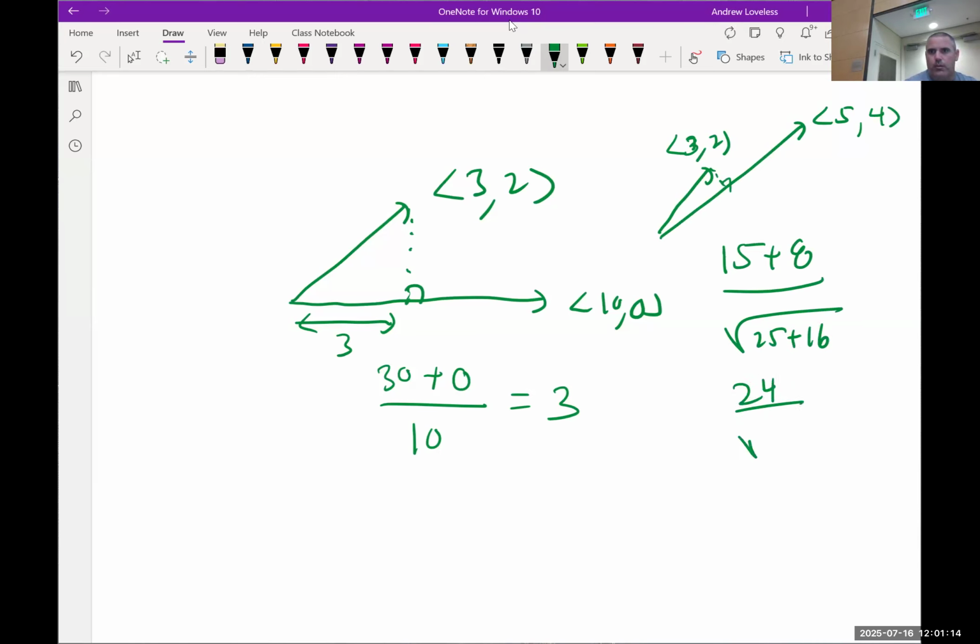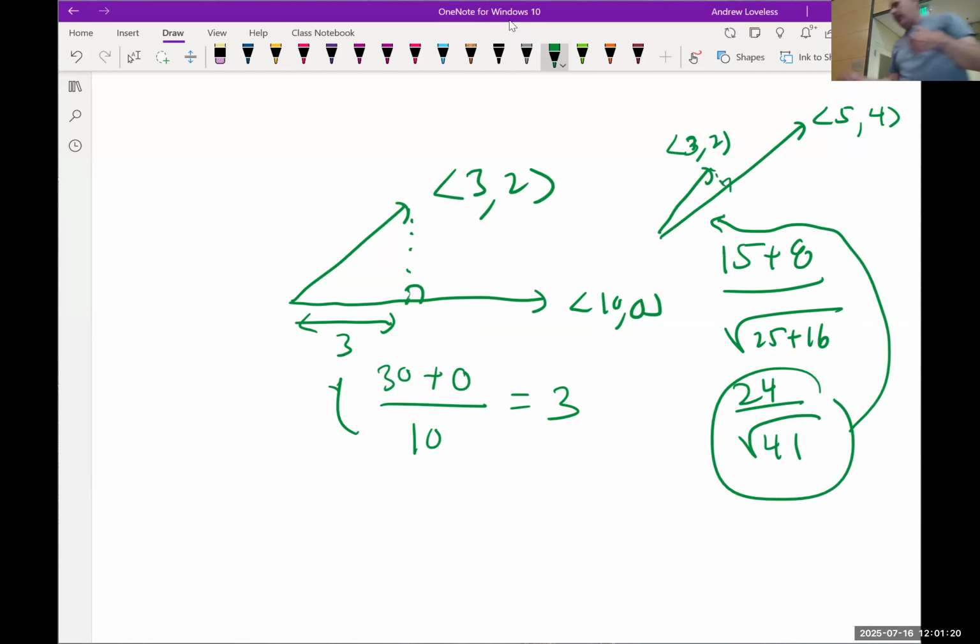So it's 23 over the square root of 41. That's that length. I like to do several of these to show you it's actually something that makes our life easier, not harder. A projection. It's that fast. Dot product, divide by the thing you're projecting onto. That's what that is. And it works in 3D. So it's used a lot when you're working with forces.